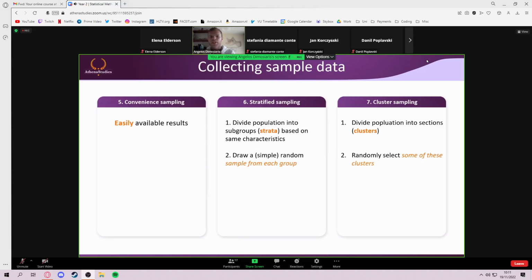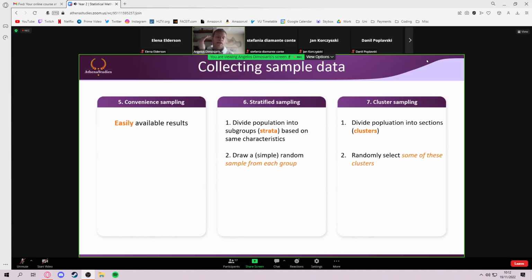And we also have two techniques that look similar to each other, and they have to do with how you divide the population into smaller groups. So under stratified sampling, we divide the population into subgroups, we call them strata, and we do that based on some characteristics. And then we draw a random sample from each group.